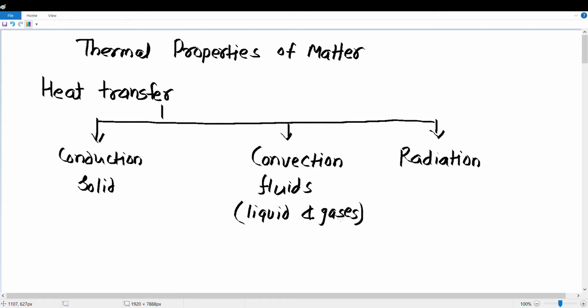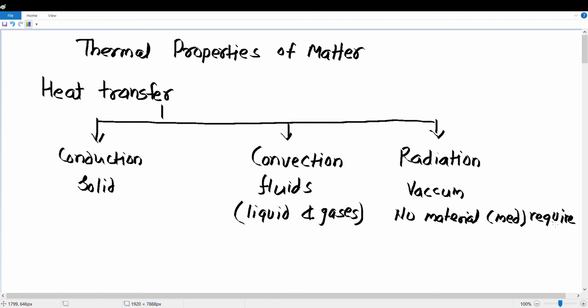In liquid and gases, the heat is conducted by the process known as convection, and the third one, for which material is not required, even in vacuum, the heat is conducted from one point to another point.